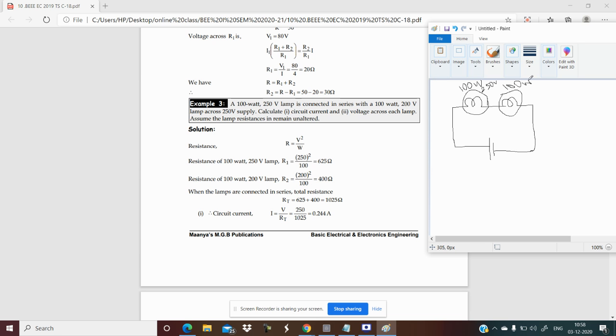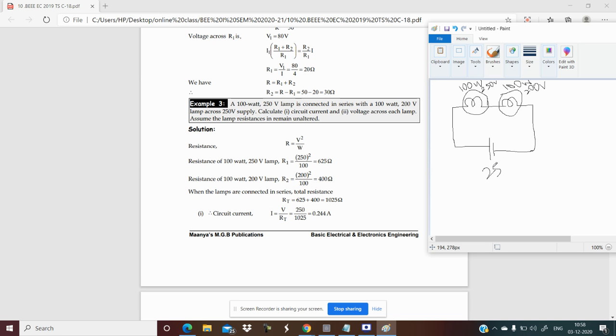And it is connected to another 100 watt lamp whose voltage rating is 200 volts. Generally when you go out and purchase a bulb, it will be available in a power rating. We ask the person to give a bulb of 100 watts or 200 watts, and in that rating the voltage rating will also be available. And these two lamps are connected in series to a supply voltage of 250 volts.